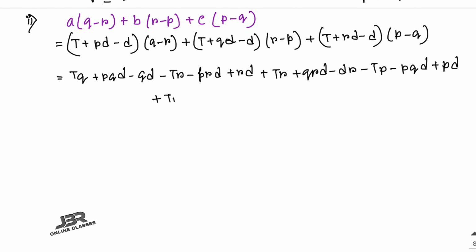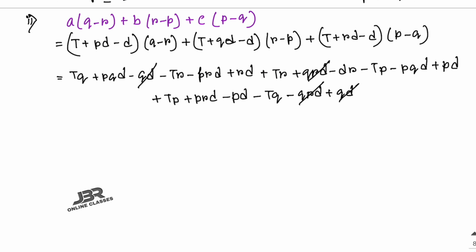Last one, TP plus PRD minus PD minus TQ minus QRD plus QD. So TQ, TR, TP, PRD, PD, PQD, QRD, and RD all cancel out, which means again 0. It's proved.